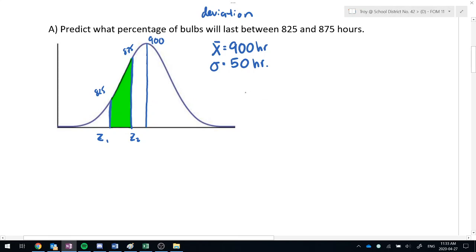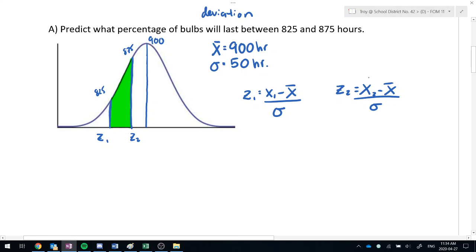So for z1, that's going to be x1 minus the mean divided by the standard deviation. And for the z-score of the second one, that's going to be the data point of the second one minus the mean divided by the standard deviation. Okay, so we have the mean, it's 900 from the question. We have the standard deviation, it's 50 hours from the question.